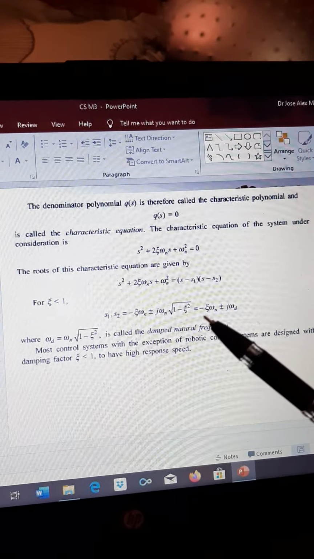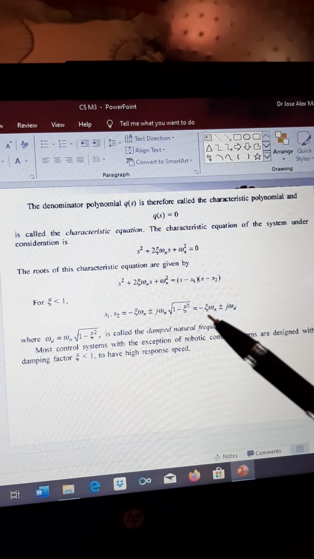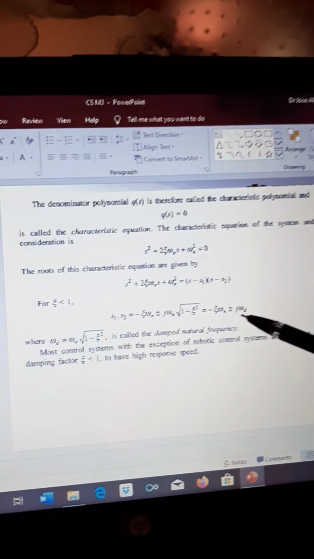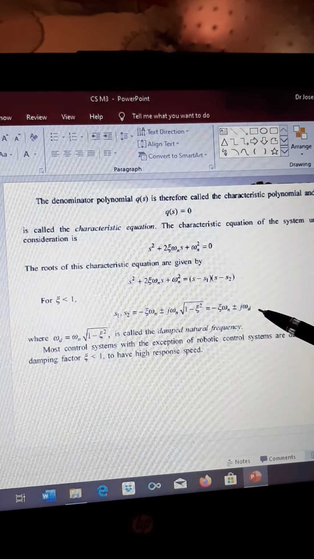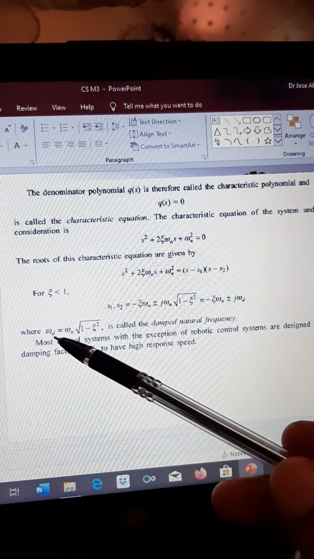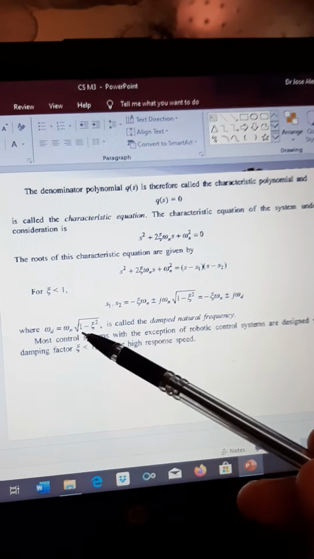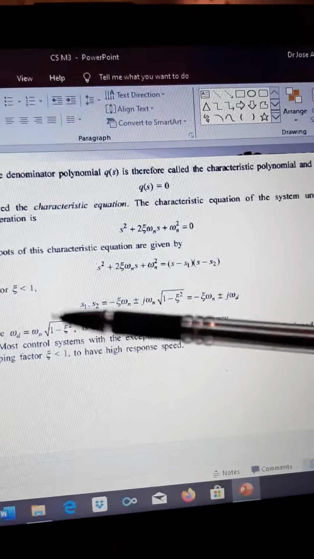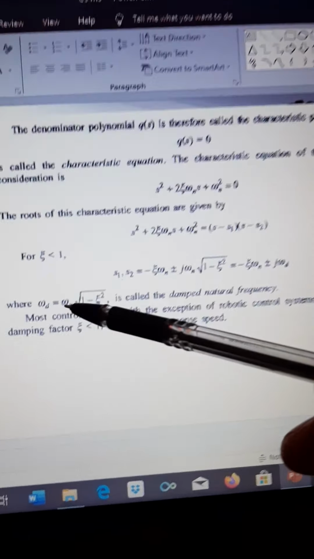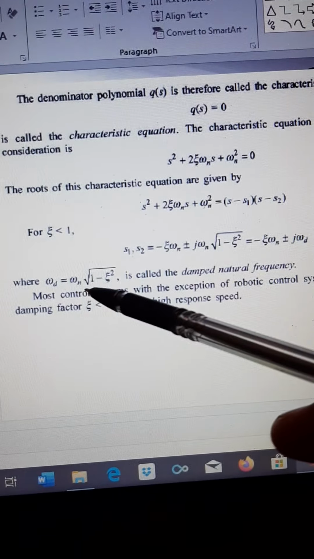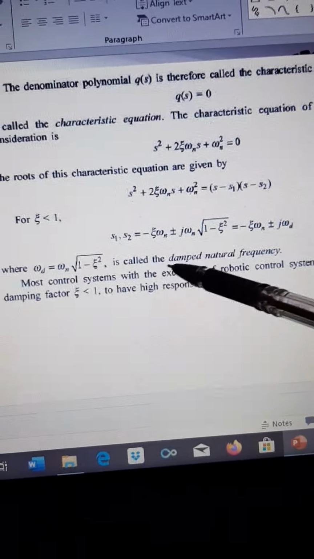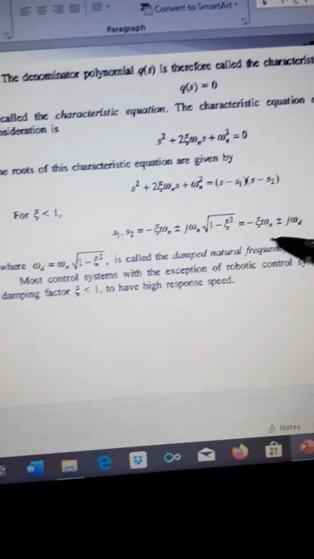This is equal to minus xi omega n plus or minus j omega d, where omega d is equal to omega n square root of 1 minus xi square, called the damped natural frequency.